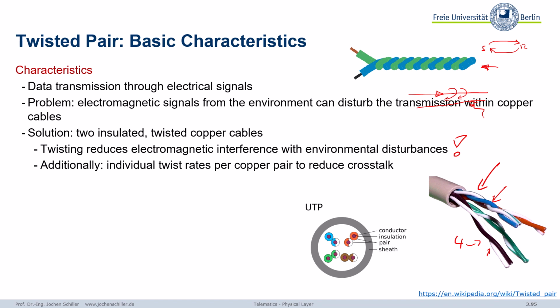There are fewer in the black and white and more here, more twists per centimeter or per meter. We reduce so-called crosstalk. Why? By twisting the wires, you actually cancel out the fields. That's the idea. So you don't have these radiating fields from a twisted pair, or at least you reduce it. So that's the core idea.